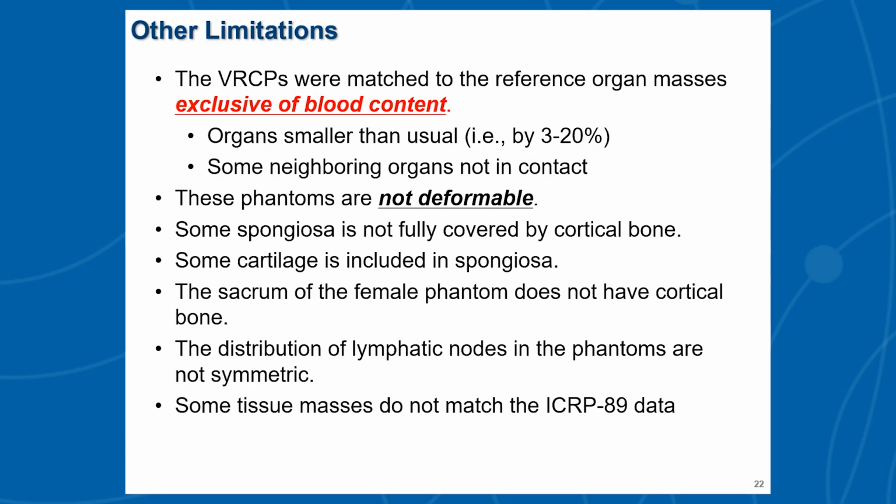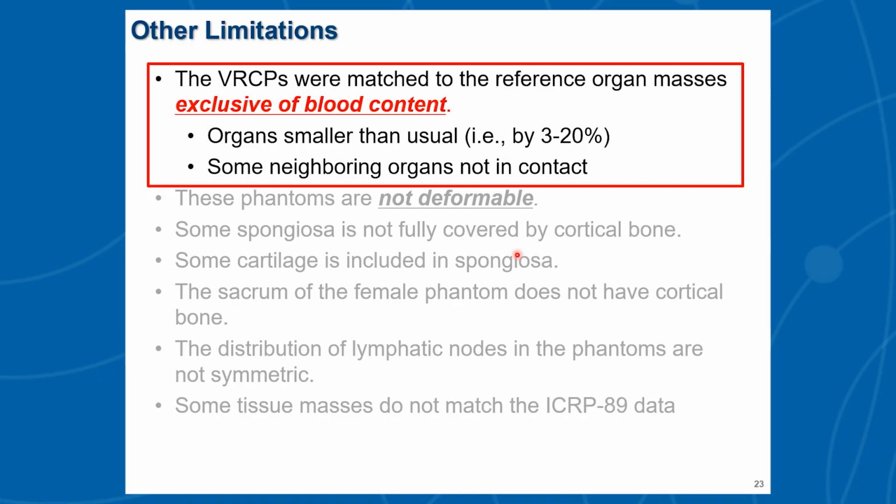The other limitations are listed here. Among them, I'd particularly like to stress that the reference phantoms are matched to the reference organ mass exclusive of the blood content. That's why the organs are smaller than usual by 3 to 20%.